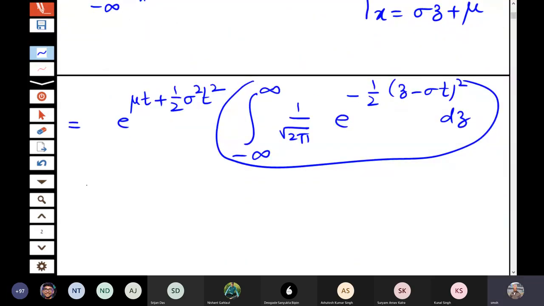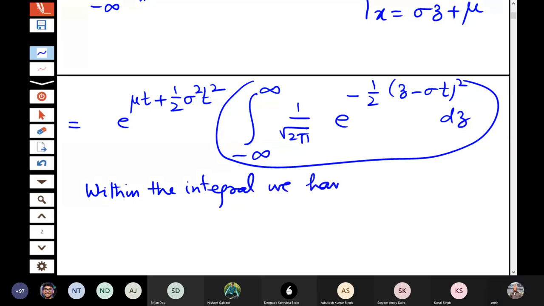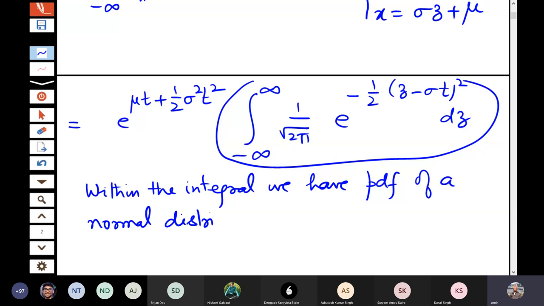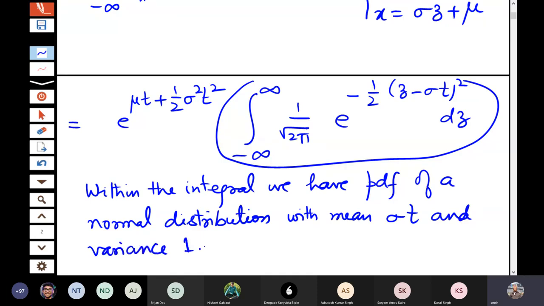So within the integral, we have the PDF of a normal distribution with mean sigma t and variance 1.